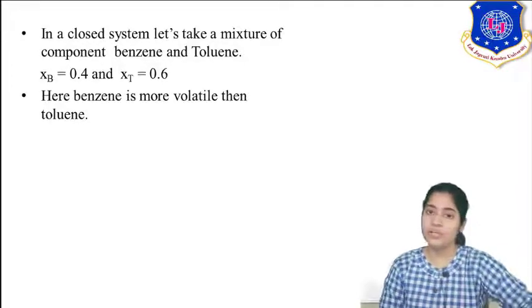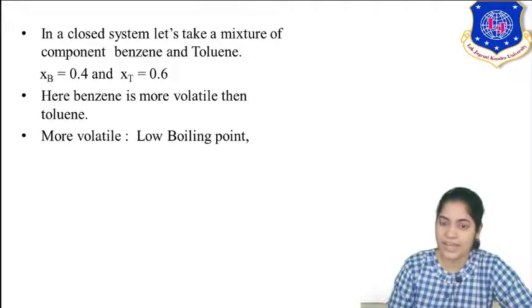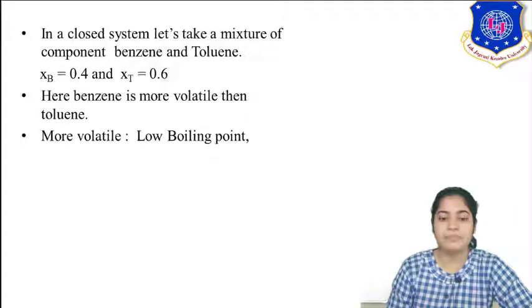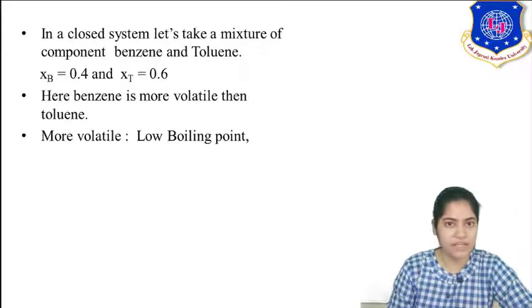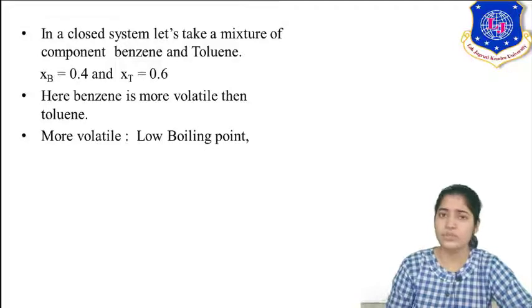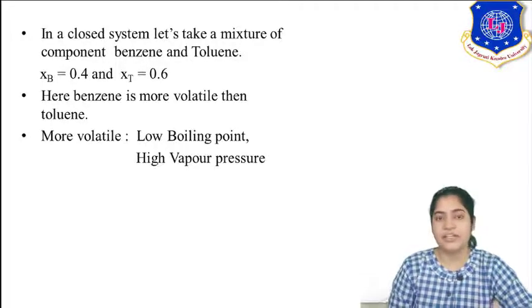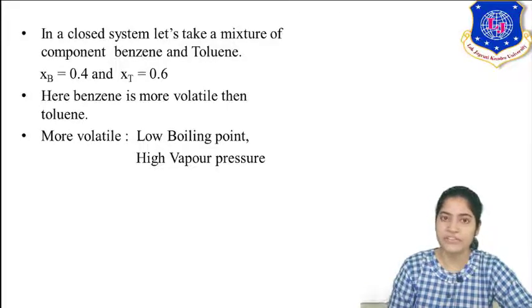Now what is the meaning of more volatile? More volatile means it has a low boiling point. The boiling point of benzene is about 80 degrees Celsius and that of toluene is 111 degrees Celsius. So you can see that benzene boils faster than toluene. It has high vapor pressure. In the last lecture we discussed the definition of boiling point. It is related to high vapor pressure.